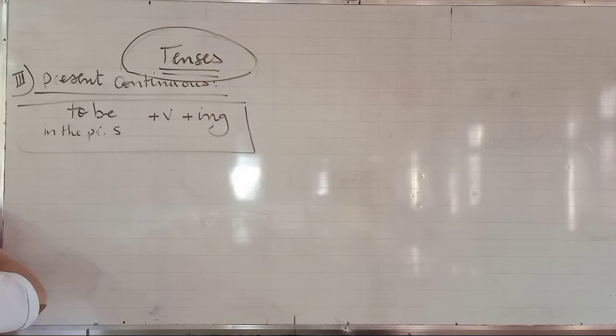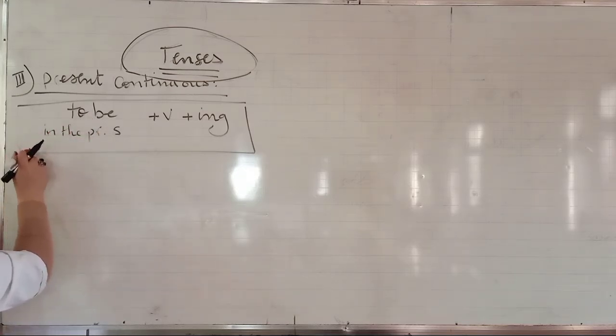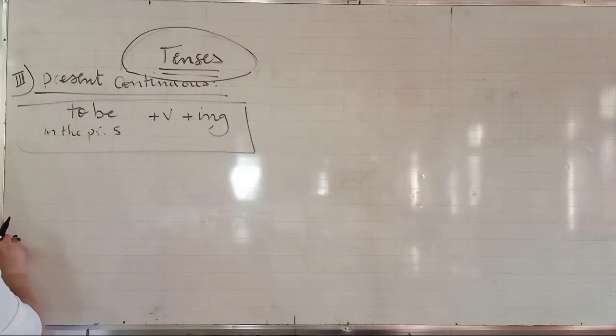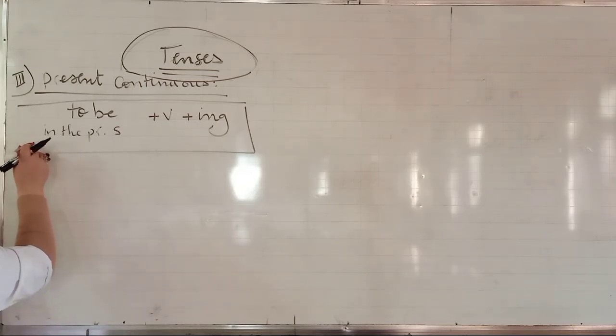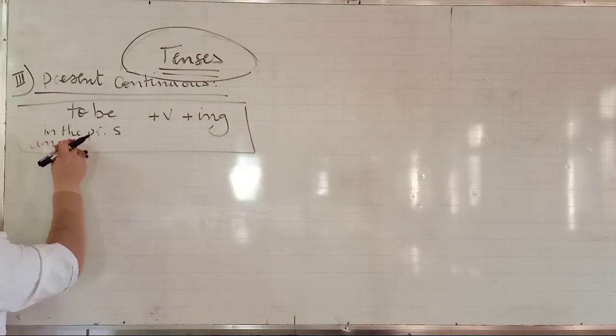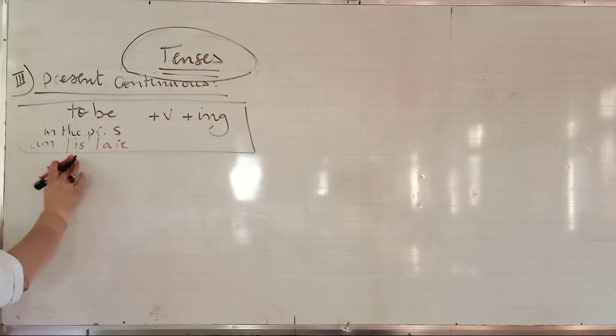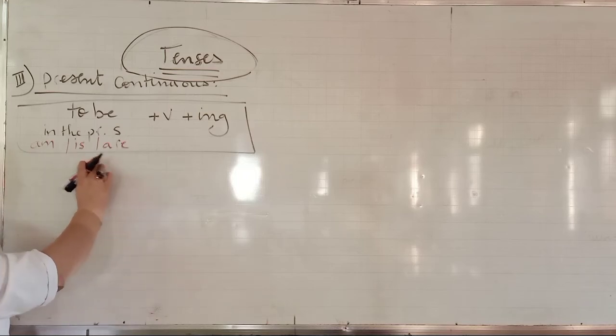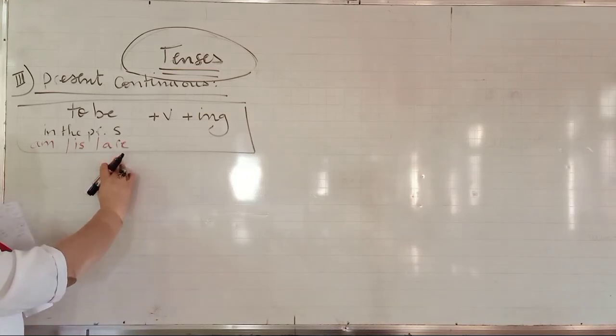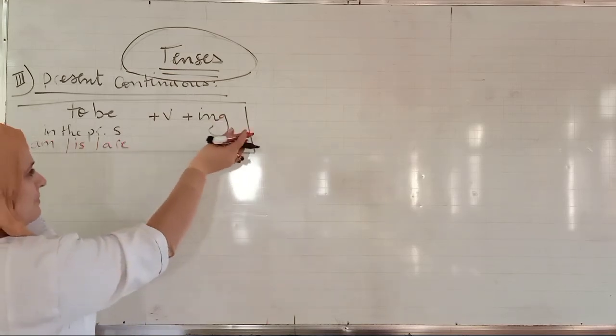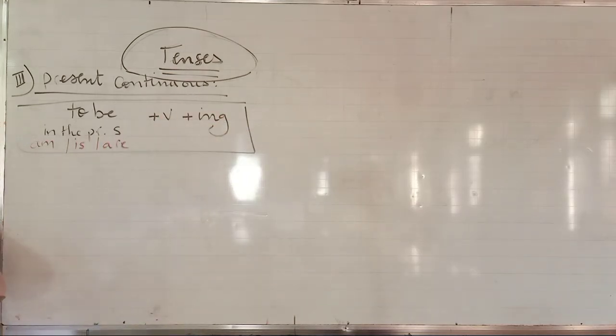So here, of course, the auxiliary to be in the present is am, is, are. Of course, I am; she, he, it is; they, we, you are. Okay? Plus verb plus ing. Let's give an example.